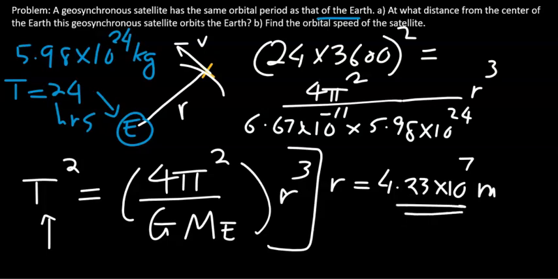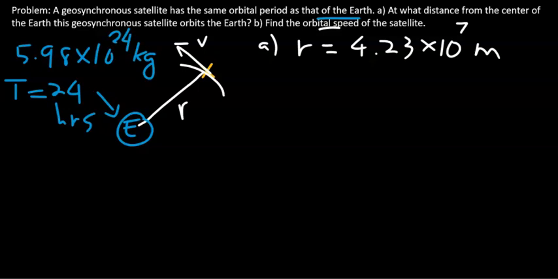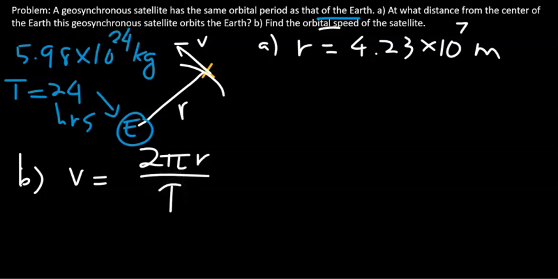And that's part A. Now let's calculate the orbital speed of the satellite. Now orbital speed is given by the distance it travels, which is the circumference of that circular orbit, 2 pi times the radius of the orbit, divided by the period or the time it takes to complete one orbit. We know what r is.